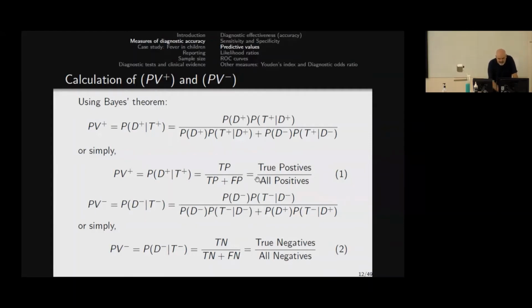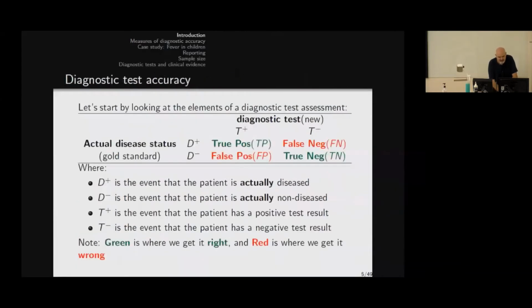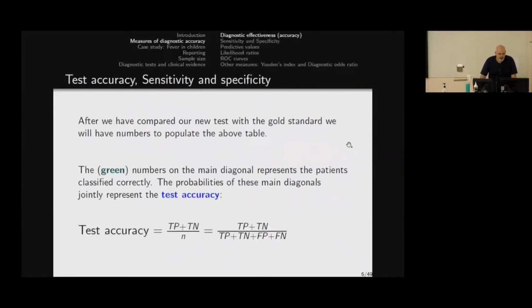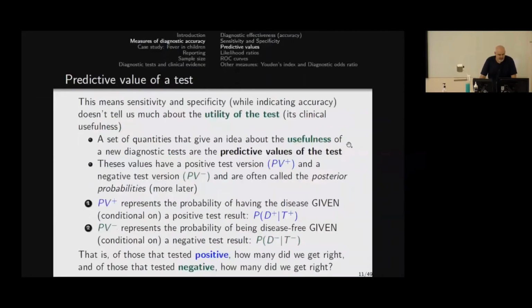Now, going back to that table right at the start, we are no longer using the row totals, we're using the column totals. So it's those that tested positive over everyone who got a positive result. Okay, not those who tested positive out of everyone who had the disease. So it's a little bit different. So, okay, so let's go through an example.